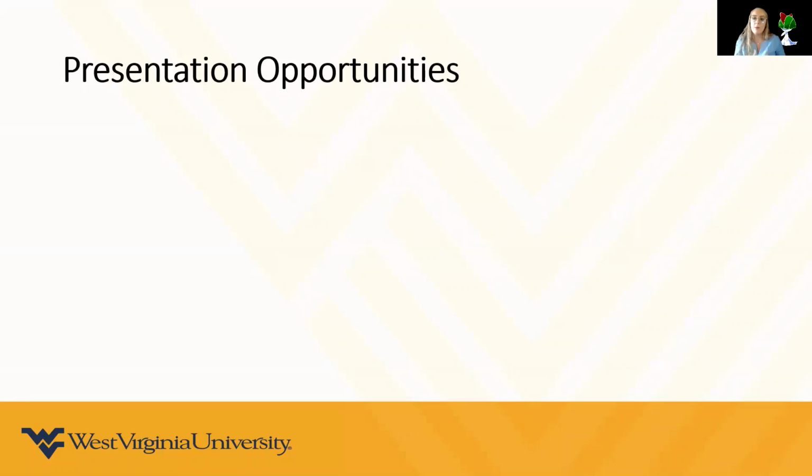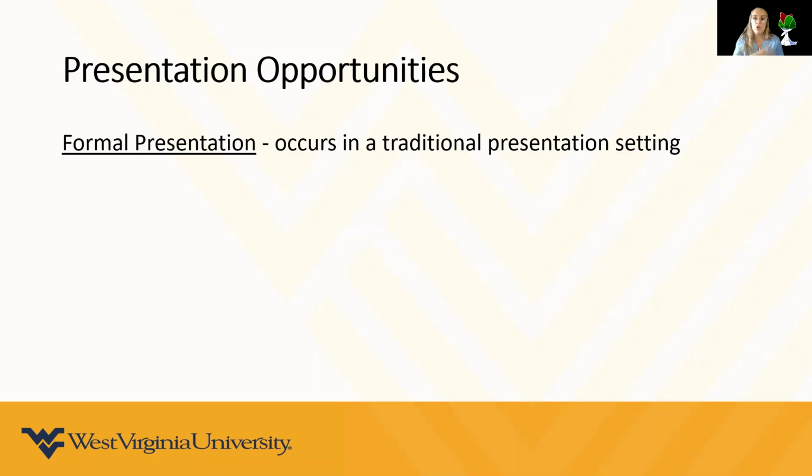So this is the first step in the presentation process, and there are 2 types of presentation opportunities for which you can prepare. The first is a formal presentation, which occurs in a traditional presentation setting. So like presenting a sales pitch to a client, giving a progress report at a district meeting.